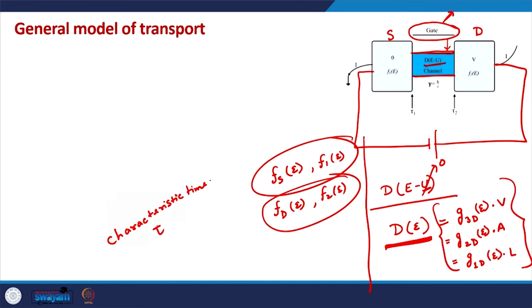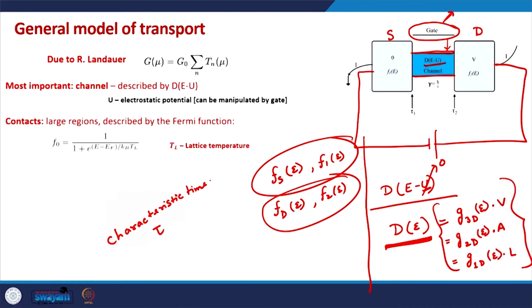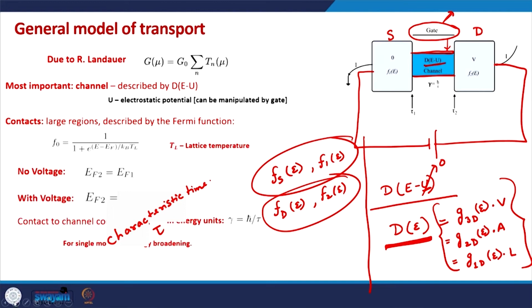known as the characteristic time of the contact. This is denoted by tau.